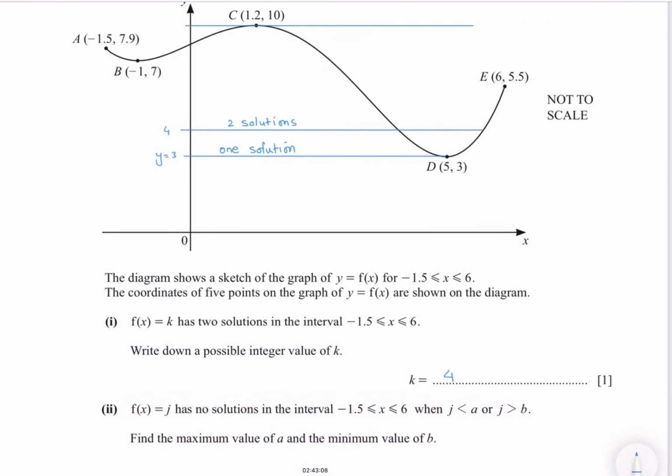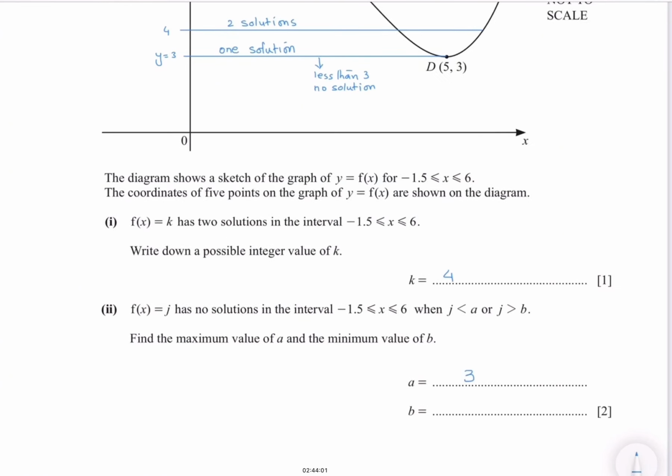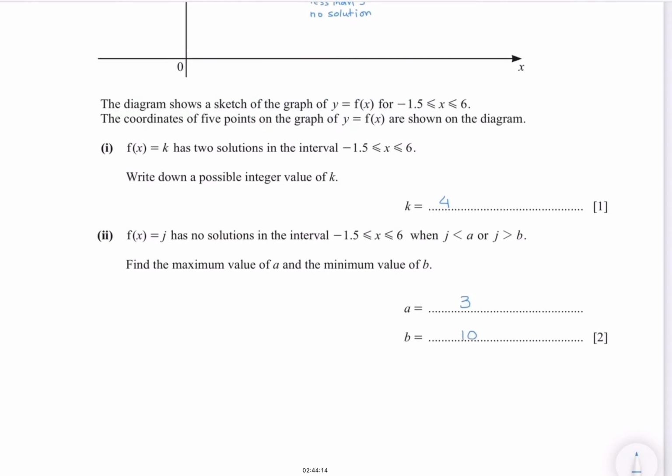From this line, y is equal to 10, above this line there is no solution, and below y is equal to 3 there is no solution. So greater than 10, no solution. We have to write the minimum and the maximum value. So a is equal to 3 and b is equal to 10, where there are no solutions.